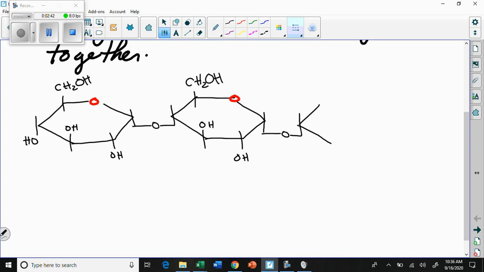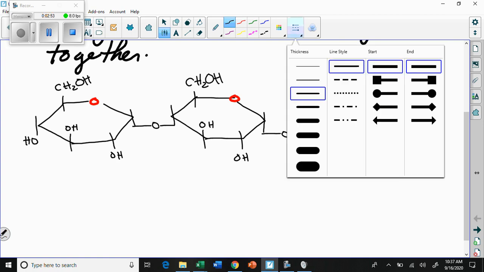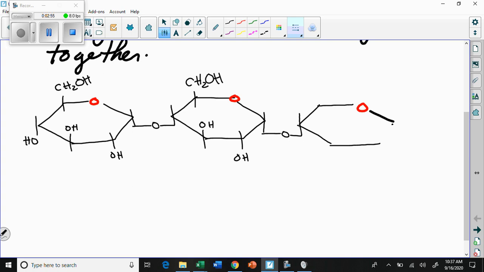And you can see how this could go on forever. So this polymer can have hundreds of these things stuck together. So if you had glucose in your blood and you were absorbing it in your cells, you're not going to use it all at once, right? You're going to need to sort of hang on to it for a while and store it.